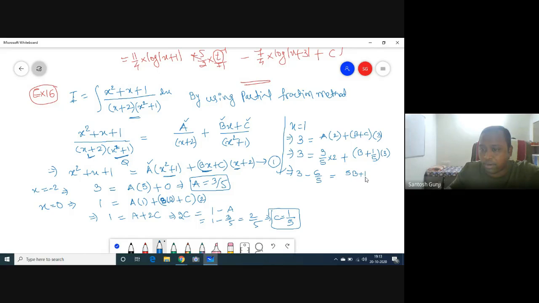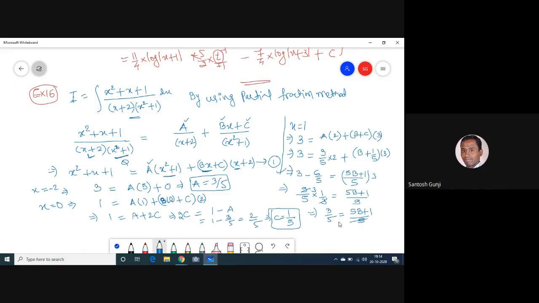5b plus 1 upon 5 into 3. So it will become 15 minus 6, 9 by 5, and the 1 by 3 comes over here. So I will be left with 5b plus 1 upon 5. 3 ones are 3, 3 threes are 9, so 3 by 5 equal to 5b plus 1 by 5.